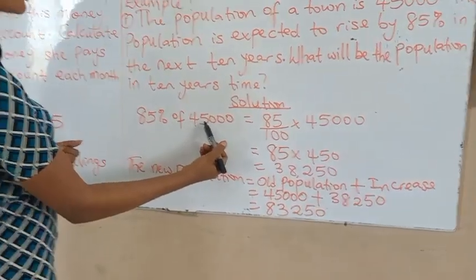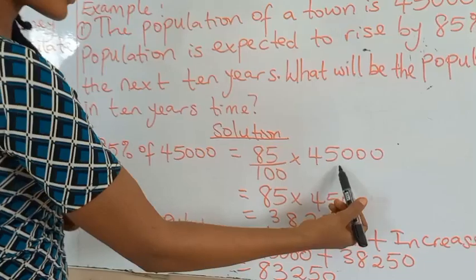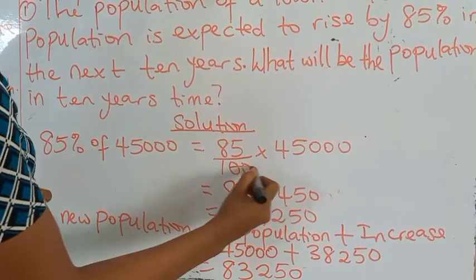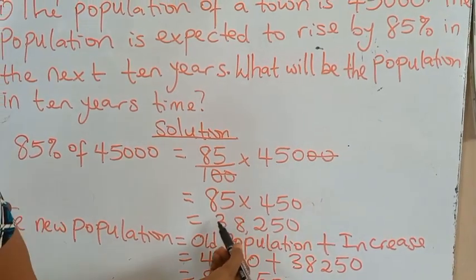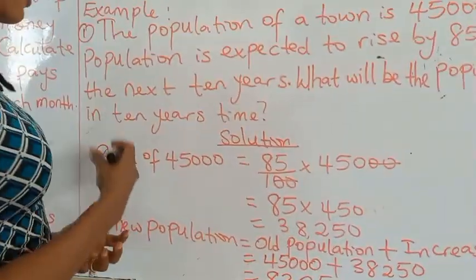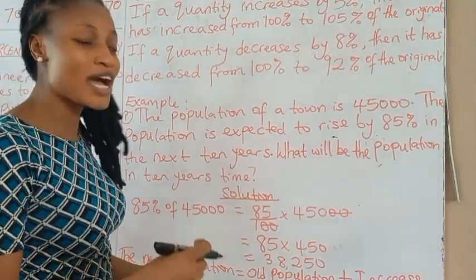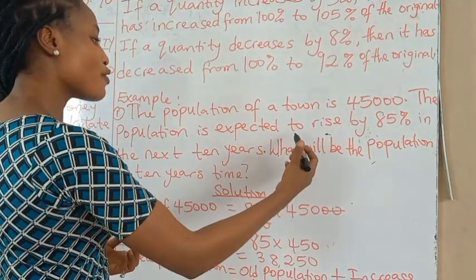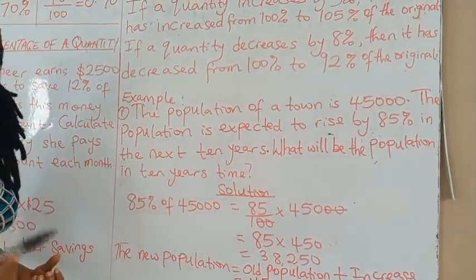85% of 45,000, that is 85 over 100 times 45,000. Your 20 cancels the 20. You have 85 times 450, which gives us 38,250. That is 85% of 45,000. But that was not the main question we were asked. We were told to find the population in the next 10 years.